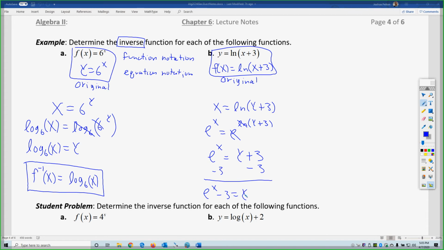So the actual inverse is f negative 1 of x equals e to the x minus 3. So that is the inverse function, in the proper function notation. Okay, pause the video, try the student problems.